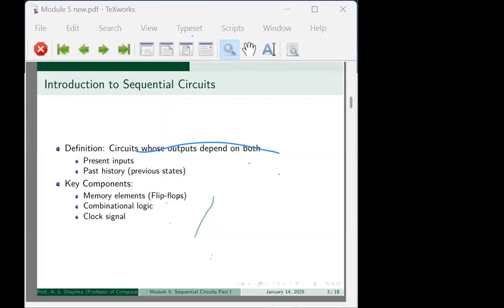However, in the case of sequential circuits, the circuit output does not just depend on the input only. It also depends on the history of that circuit, the previous state that circuit is in. Okay? And I will give you a typical instance so that your mind can be open to broader applications.